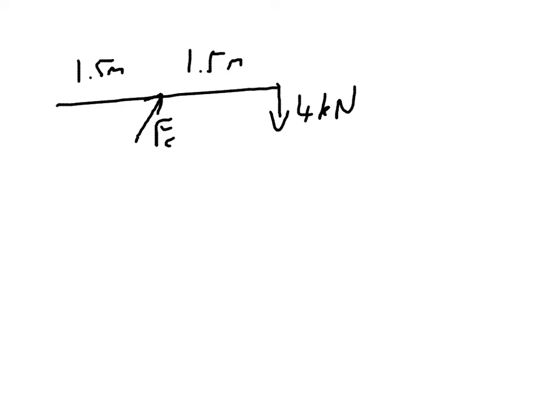At A, it's a straightforward pin joint. It's going to have two components, AX and AY. And if you're not sure which direction to put any of these arrows in, if you assume one direction and it comes out negative, it's the opposite direction, just as we've done previously. We're given 45 degrees there.